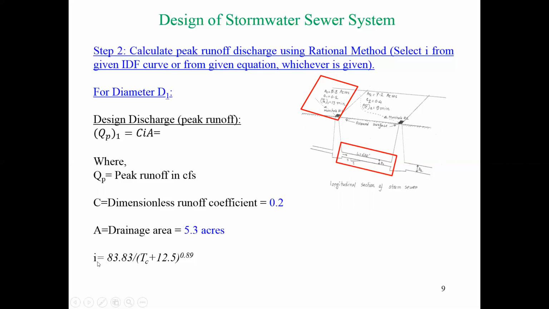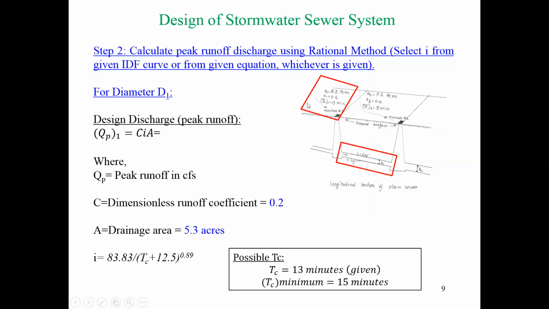So we have to calculate the intensity, 83.83 over (TC plus 12.5) to the power 0.89. Now the TC was in minutes and I was in inches per hour. Now the TC is the time of concentration. So how many different times of concentration can we get from this area 1?